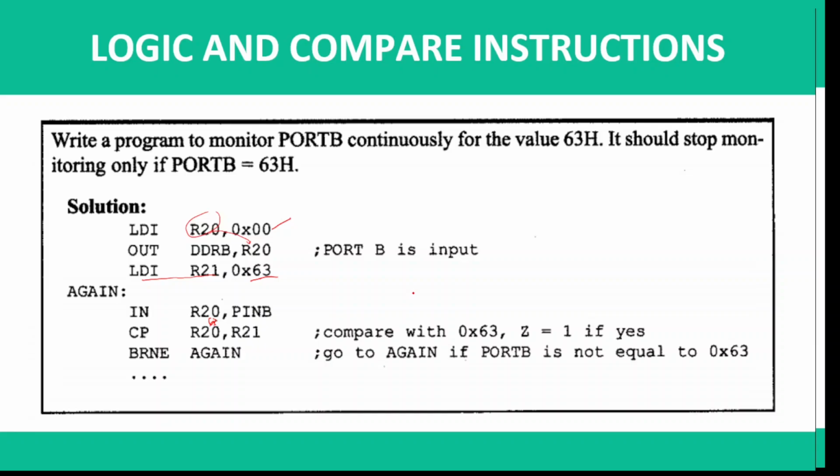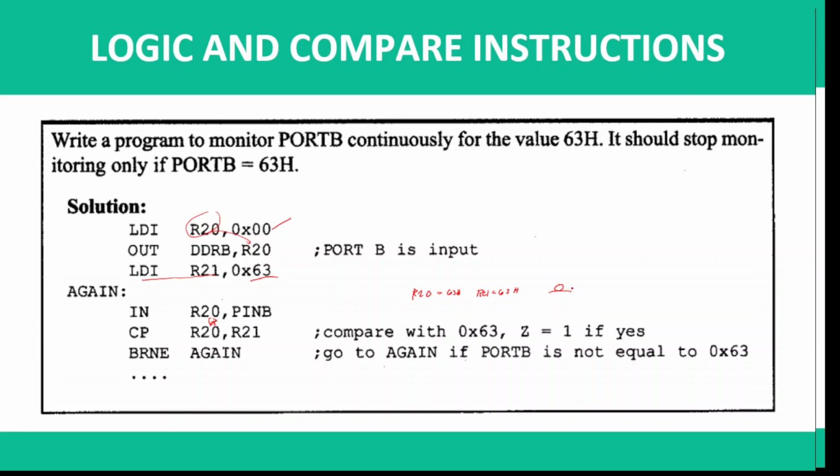So our R20 is equal to 63H. Our R21 is already 63H also. So, subtracting them together, our output will be equal to 0.